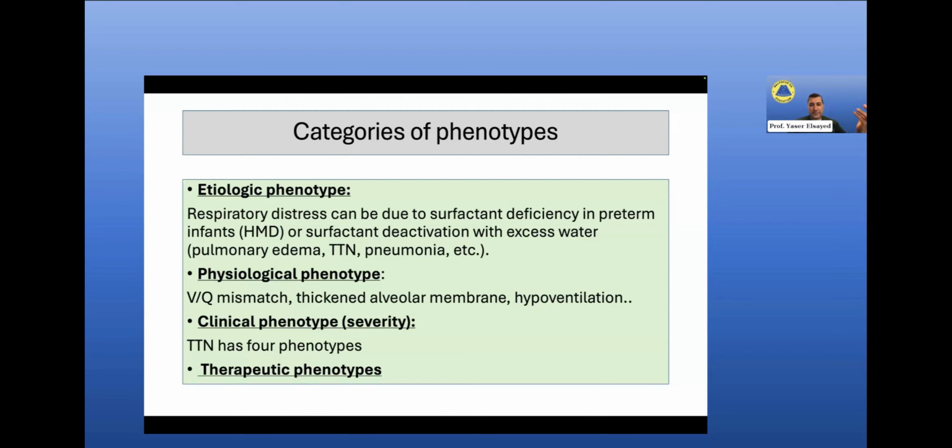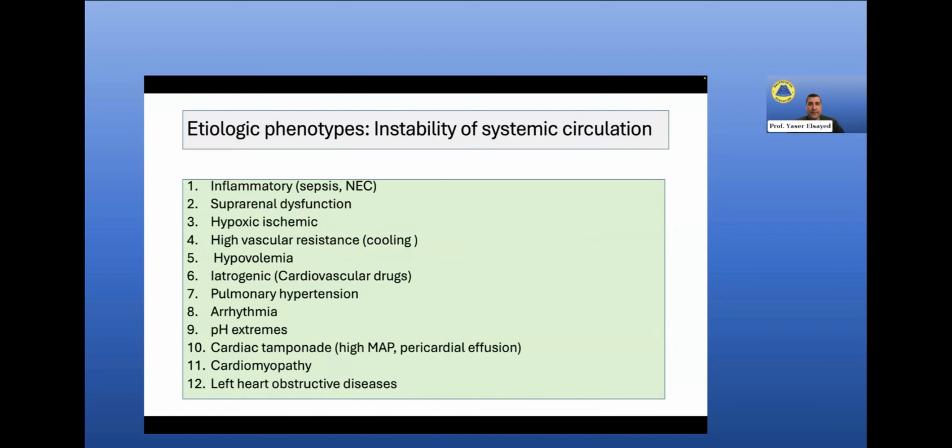And then therapeutic phenotypes: what category of medication you would like to give. For example, in hypotension, you may need to give a vasopressor, a vasodilator, or an inotropic drug, so you need to select based on the physiology. This slide is a summary of management based on precision and phenotypes.